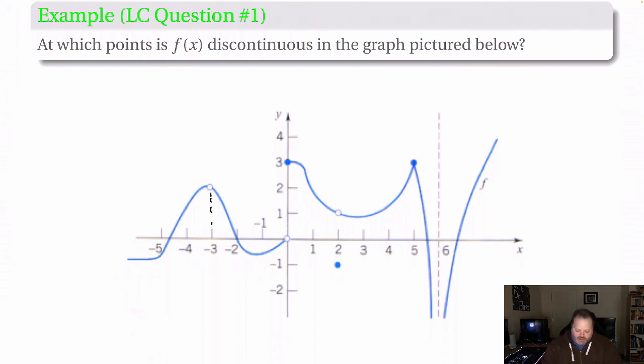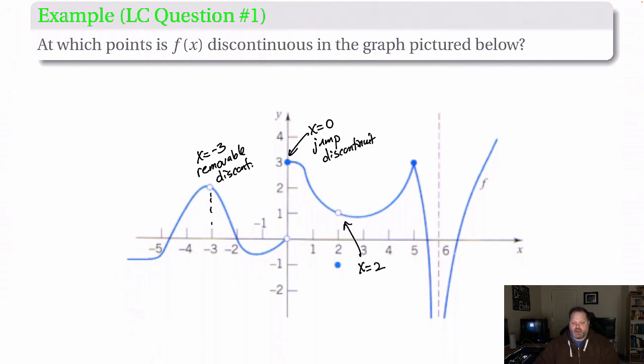At x equal to -3, you have a removable discontinuity. At x equal to 0, you have a jump discontinuity. At x equal to 2, now this is the one that may be tricky for some of you.